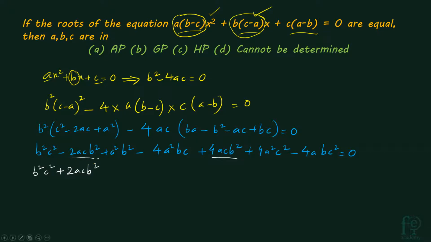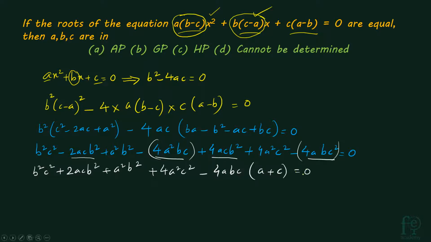We are just trying to form a meaningful expression. Plus a²b², minus... so in these two terms, what will you be getting? abc you can take as common. So before that I am writing here 4a²c². Okay, so 4a²c². And from these two terms you can take 4abc common: −4abc(a + c) = 0. These three terms, what is common?